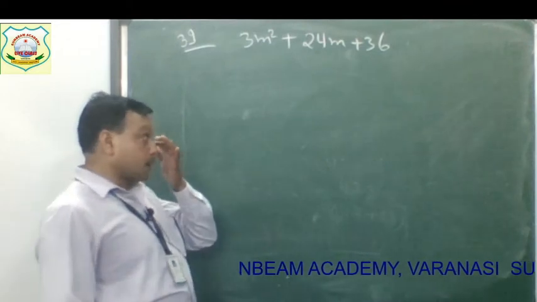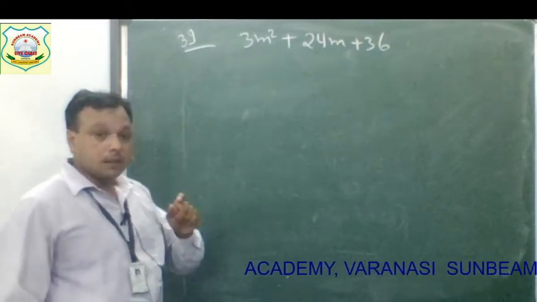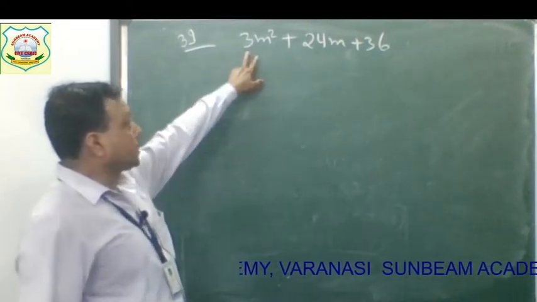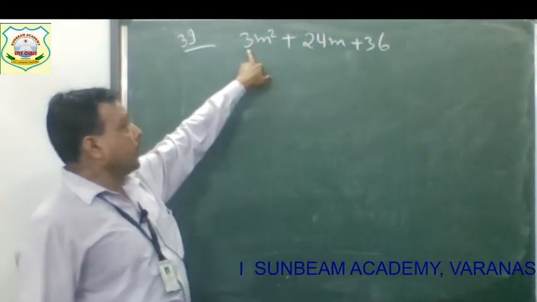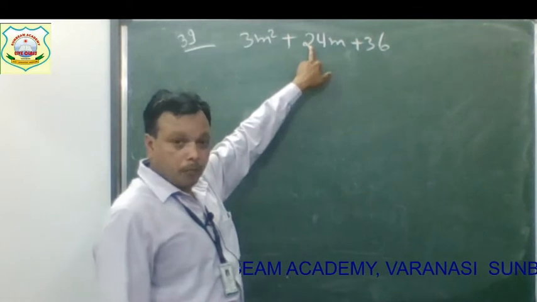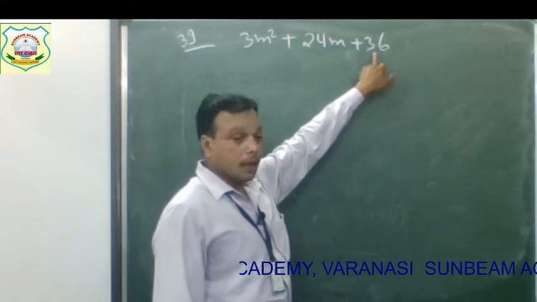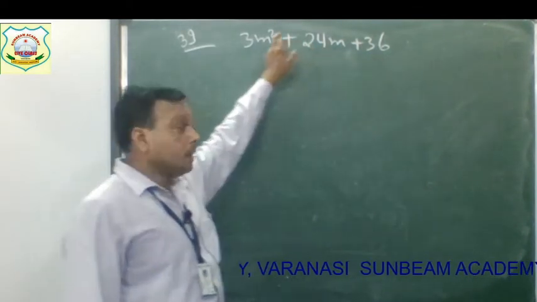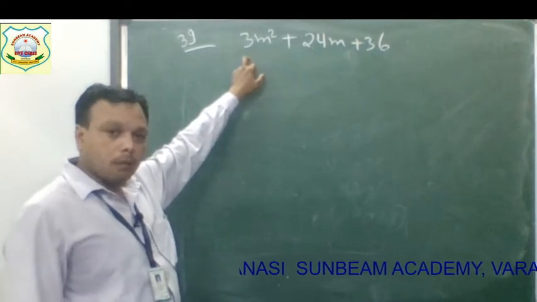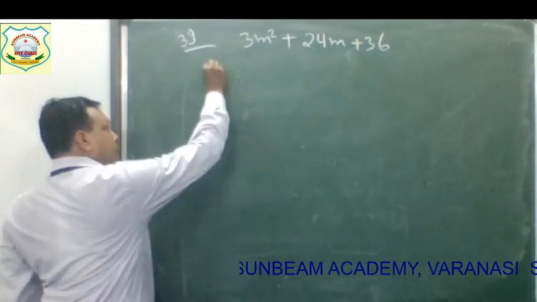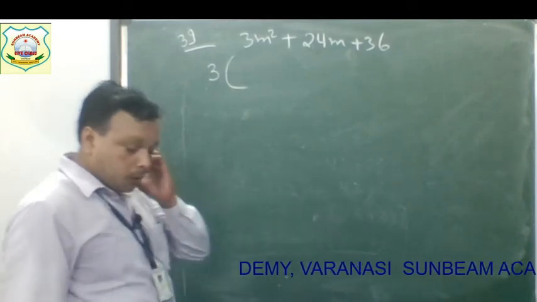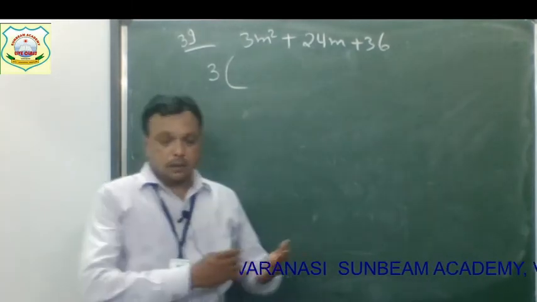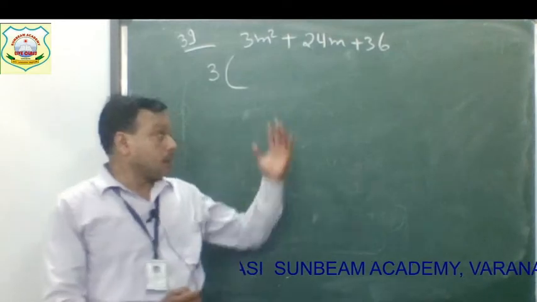Here we can see, students, by Exercise 7a, 3m squared, 24m and 36. 3 can divide 24 eight times and can also divide 36. It means 3 is common here. So first of all we take 3 as common. Students, in the previous questions we did not need this because they were not based on this one.